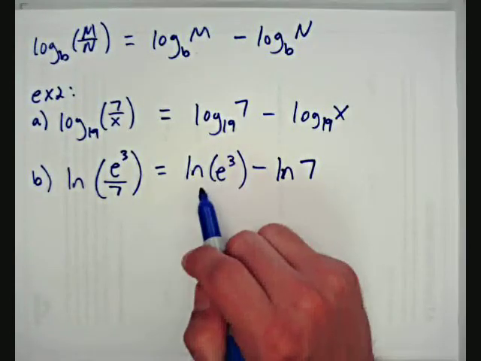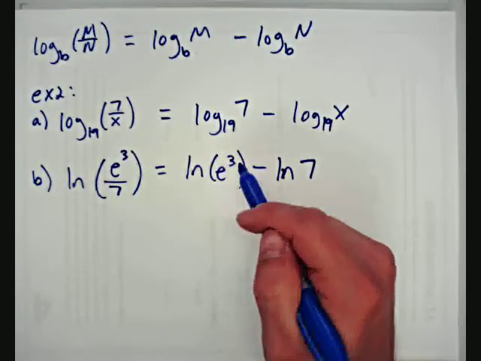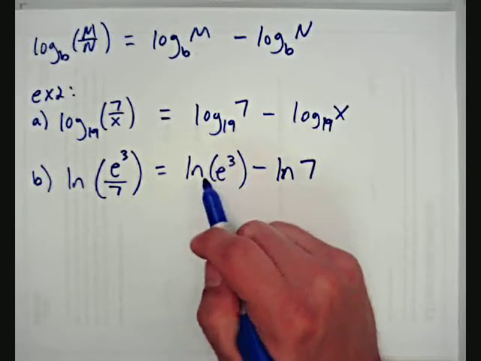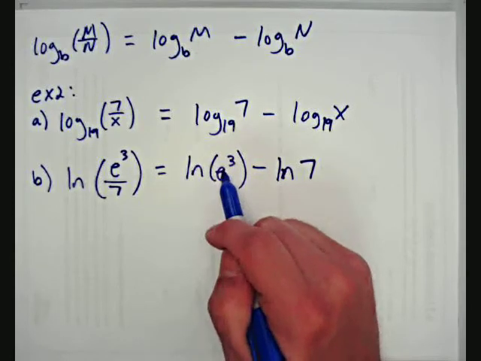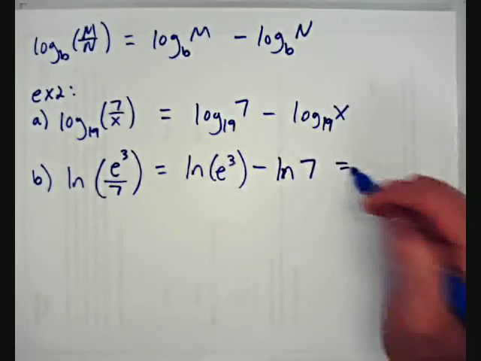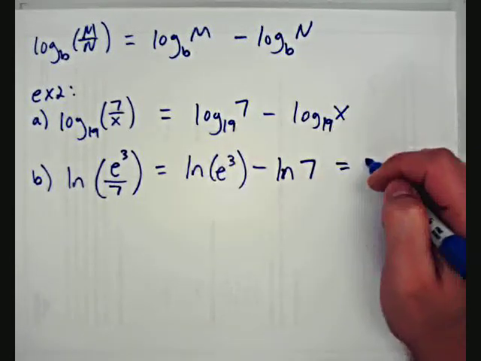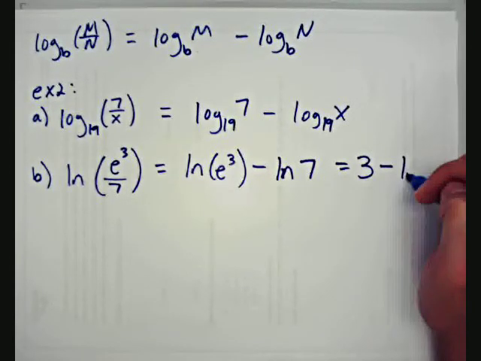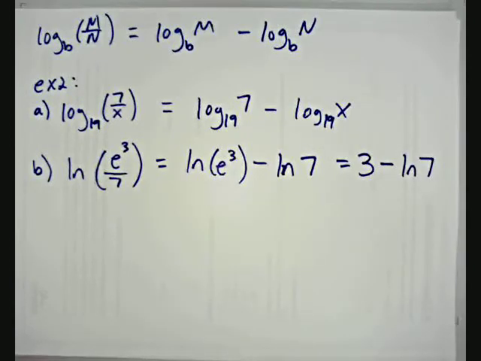And so this right here, the natural log of e cubed, this is our second property from the last section. Okay, since the base is e, and inside we have e cubed, the natural log of e cubed simplifies to 3 minus the natural log of 7.